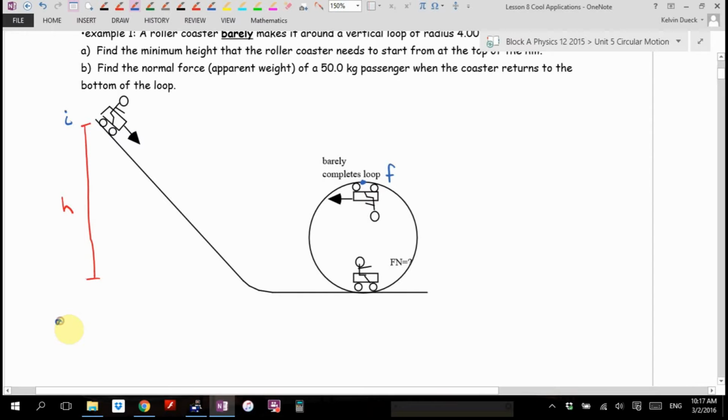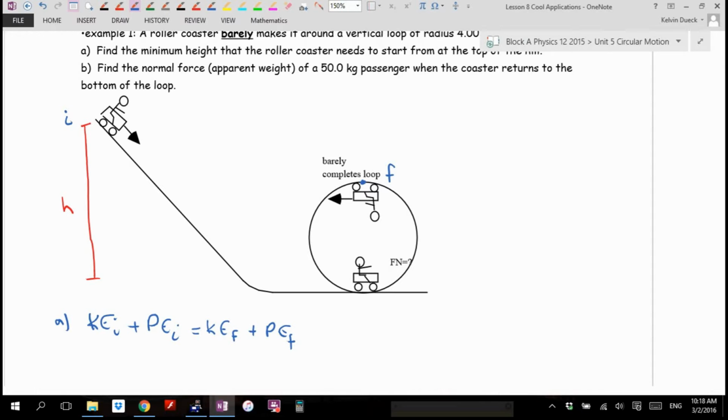So I'm going to start out KE initial plus PE initial equals KE final plus PE final. Are any of these 0? We're going to start out at rest. Are we starting out on the ground at the initial location? No. Are we coming to a stop at the top of the loop?